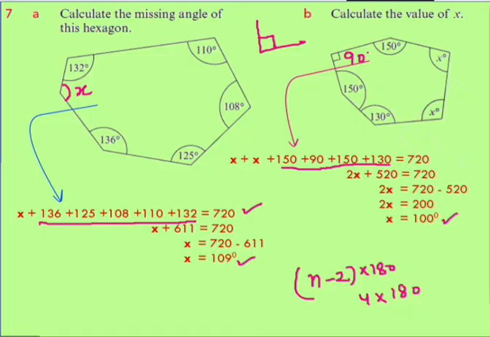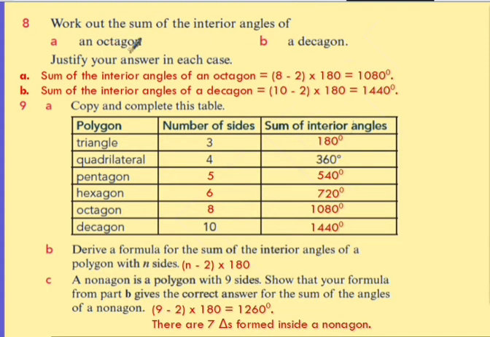When I go for the next, work out the sum of interior angles. Every time they are using the same formula, (n minus 2) into 180. Here n is 8 and here n is 10. So 8 minus 2 into 180 gives you 1080, and 10 minus 2 into 180 gives you 1440 degrees.